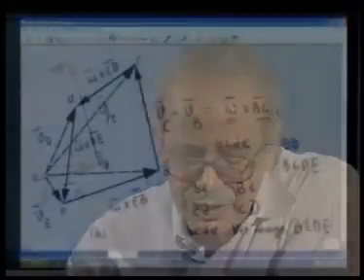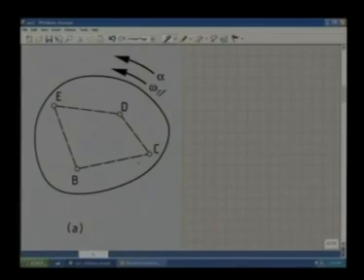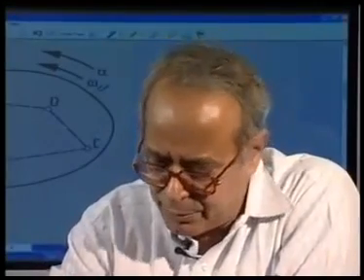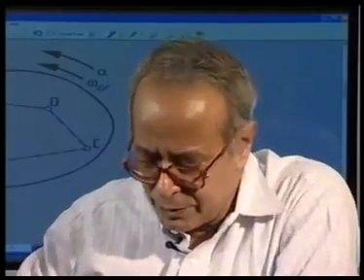Like in the velocity diagram, this small BCDE is the velocity image of capital BCDE. This is the concept of velocity and acceleration image, and we shall see its utility in a later example.